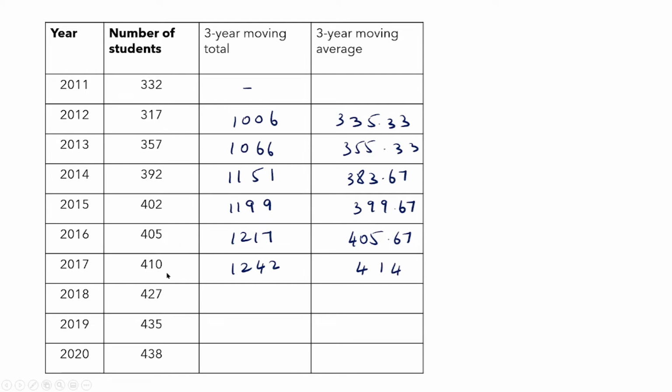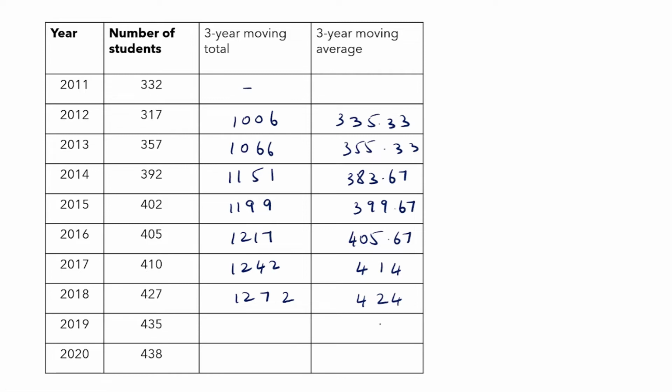For 2018, the 3-year moving total is 410, 427, 435. The sum of these three is 1272. 3-year moving average is divided by 3. It is 424. And then for 2019, the 3-year moving total is 427, 435, 438.